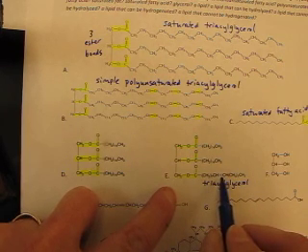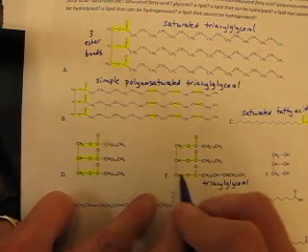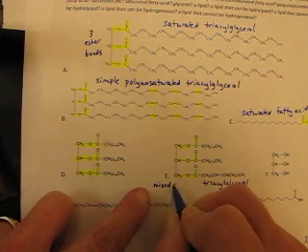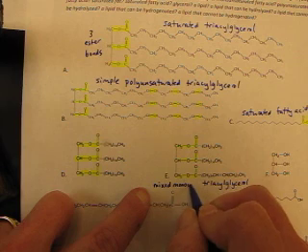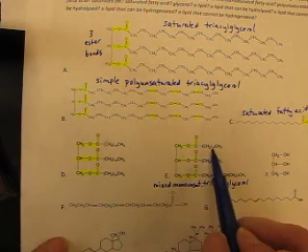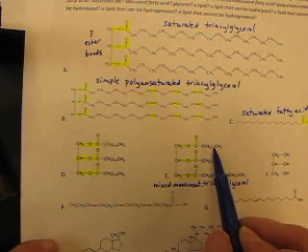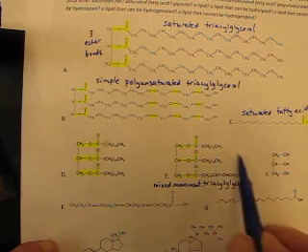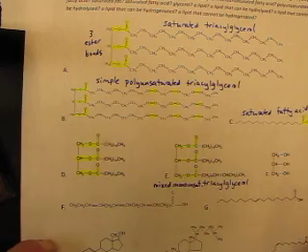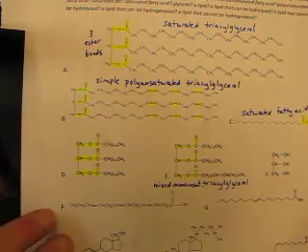And it has 1 carbon-carbon double bond, so this is monounsaturated. It doesn't matter that part of it is saturated. Anywhere in this entire structure, if you see a double bond, then that fat is unsaturated.